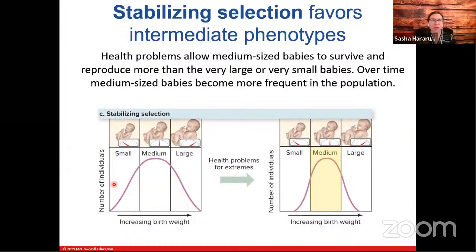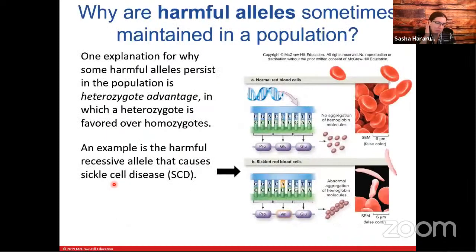So if natural selection is so awesome and kind of weeds out the unfit individuals, why would we have alleles which cause diseases, with some non-beneficial effect on the population? And interestingly, it's because some of the diseases are actually beneficial for survival of the population.